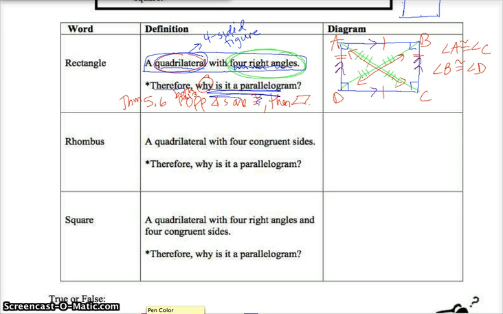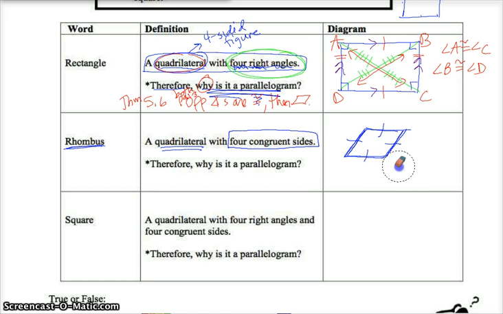Okay, a rhombus. A rhombus is a specific type of parallelogram. It's a quadrilateral, again, that general term, a four-sided figure, with four congruent sides. If you were to sketch that, you might do something like this. And you would say that all four of these sides are congruent to each other.